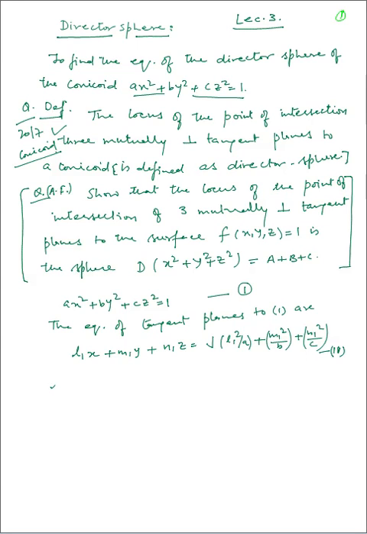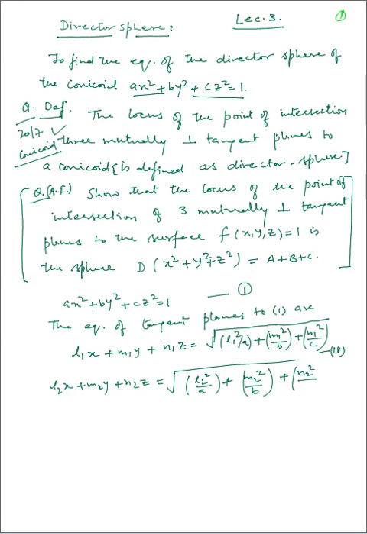Then we have l2x plus m2y plus n2z is equal to under root, this is on whole, l2 square upon a plus m2 square upon b plus n2 square upon c. This is equation 3. The third one will be l3x plus m3y plus n3z is equal to, we can replace this by 3.